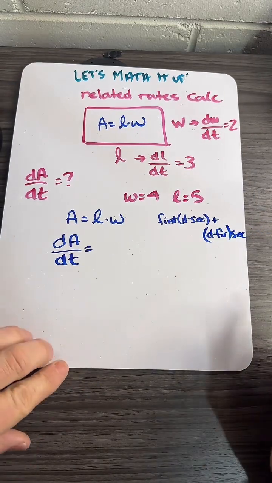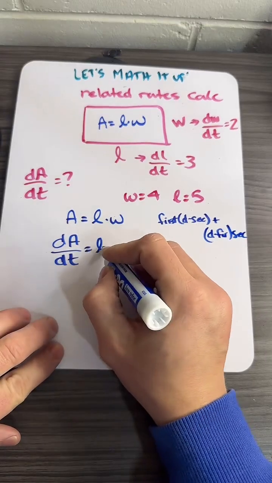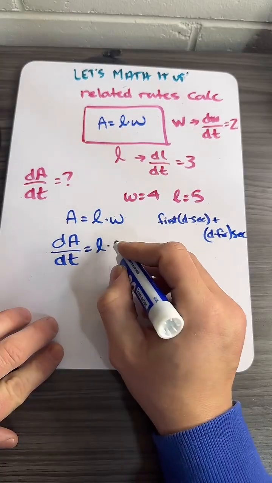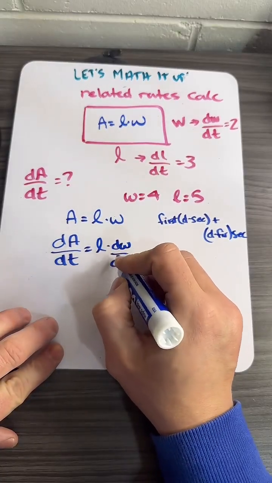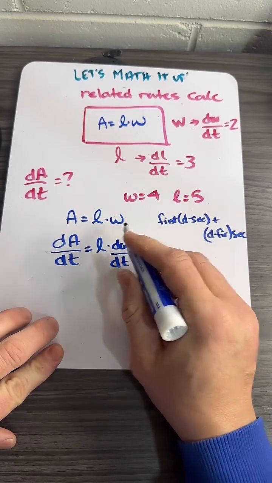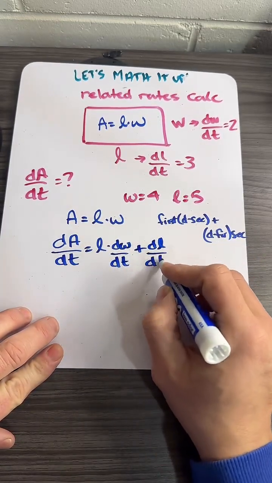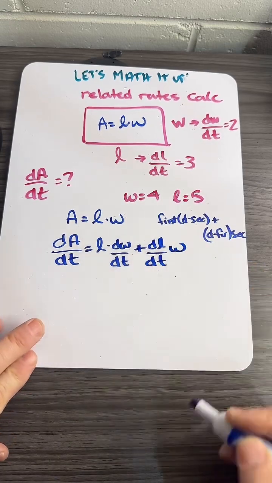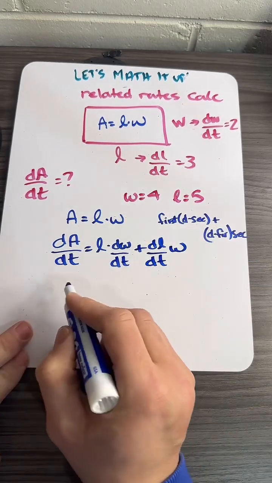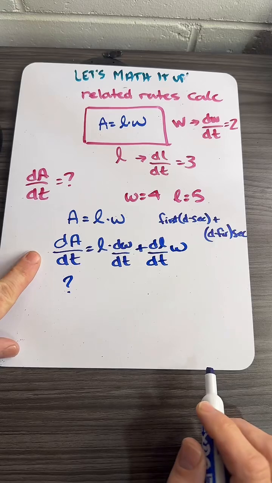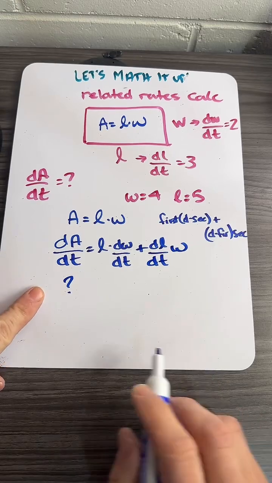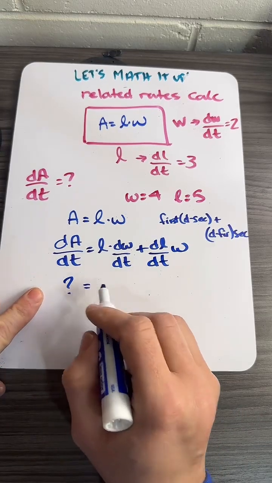So we're going to go ahead and we're going to do the first, which is length, times the derivative of the second, dW/dt, plus the derivative of the first, so that would be dL/dt times the second. All right. So I don't know what my area is with respect to time. That's what I'm trying to find.